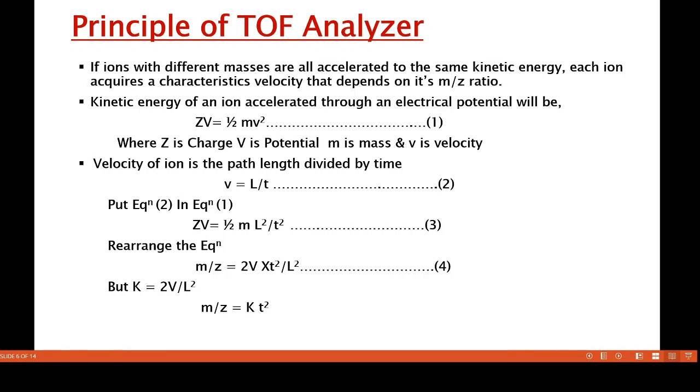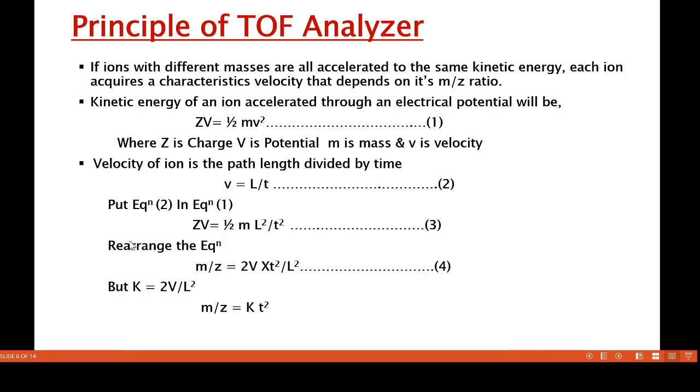But we know that the velocity of an ion is the path length divided by time. That means v is equal to L by t. So we put this value of v into equation 1. What we get is zV is equal to 1 half m, and instead of v square, we put L square by t square.